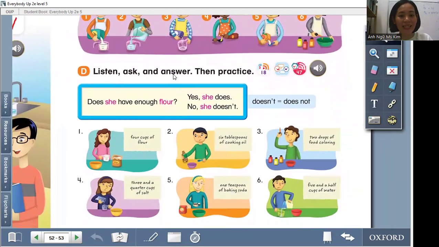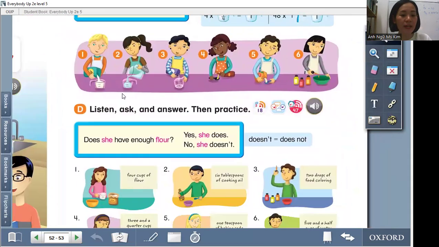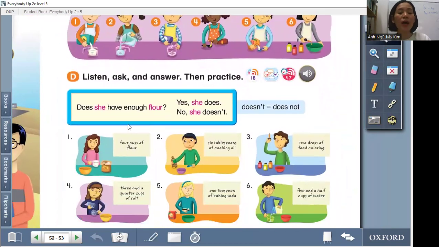And the part D here is more practice. Here are the other questions, and also the other one, to ask her to read one by one until she can remember all the things. You can ask her from 1 to 6 or any one of them.